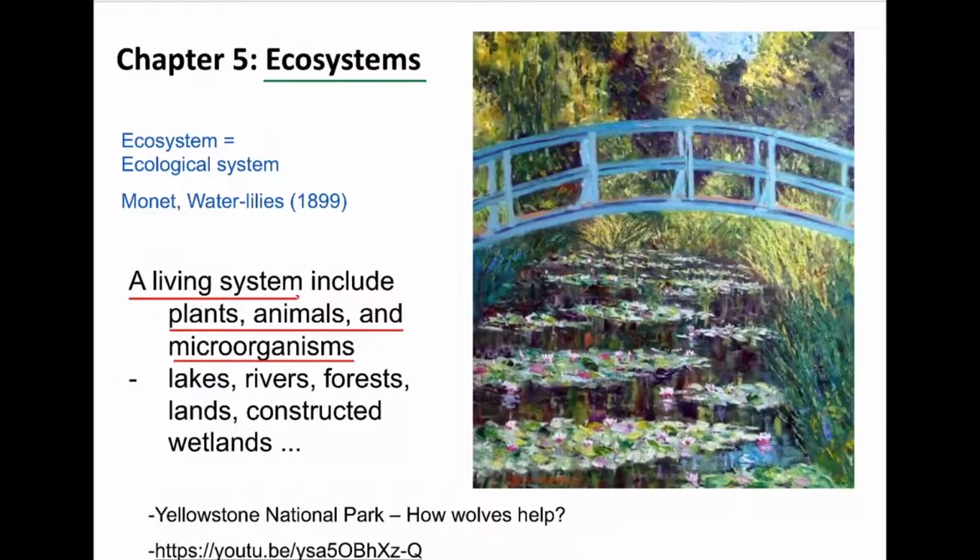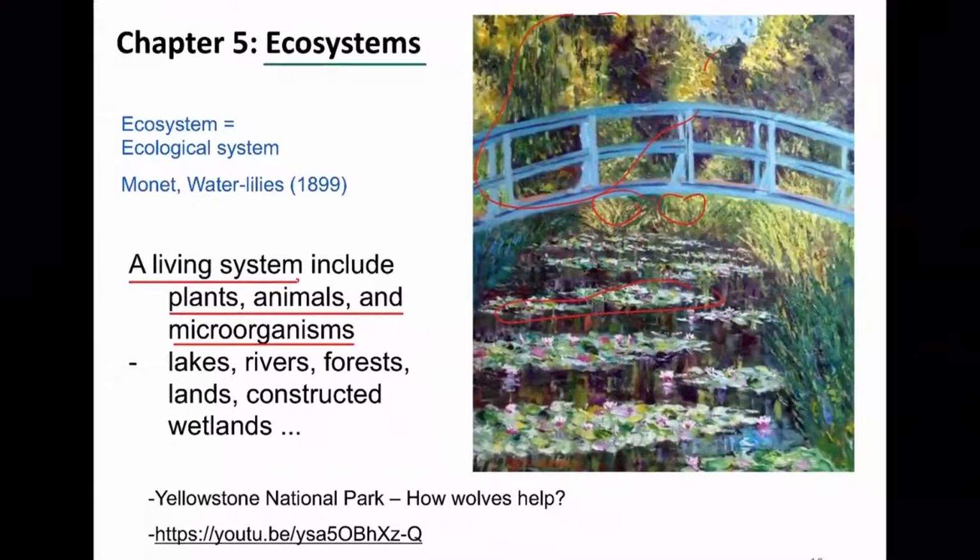If you want to point out the components in this ecosystem, we see that there are trees, tall grass surrounding this pond, and water lilies. Of course, these are the subjects of this painting. But below the water, there are also fish and microorganisms. Inside the soil, there may be some insects as well. So this is a nice picture of an ecosystem.